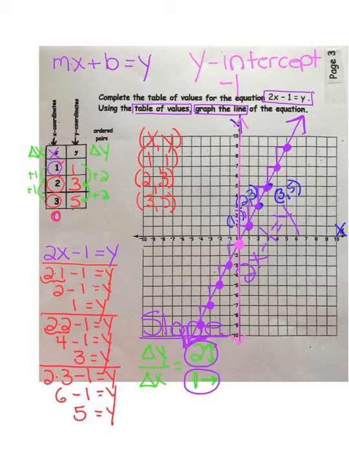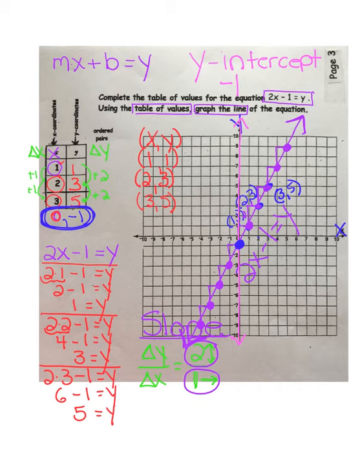It is the location where your line, the purple line in this case, intersects the y-axis. That's a significant point, and as an ordered pair, you would represent that as over 0, down -1.